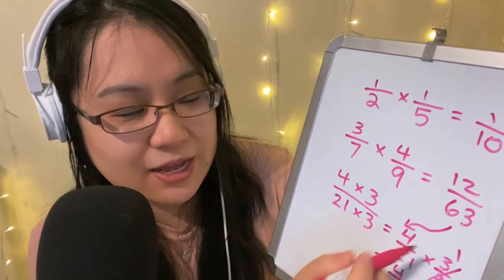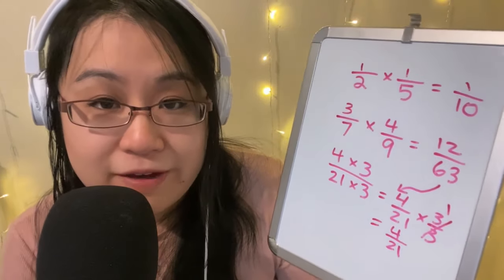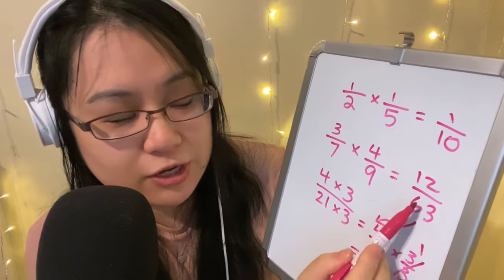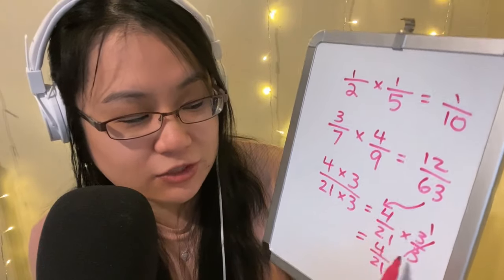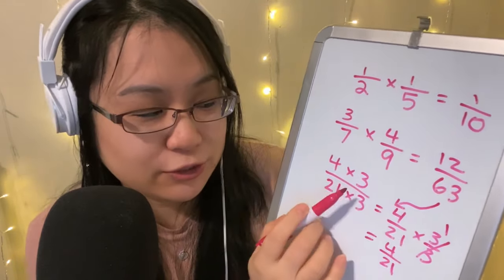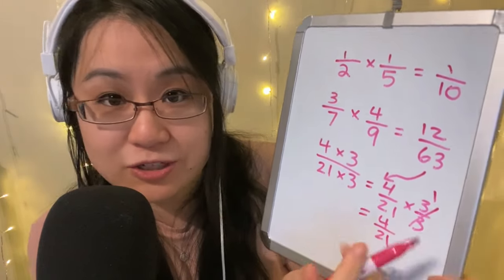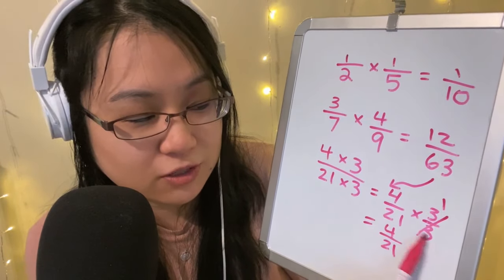So that means that this is equivalent to this. You may have learned the rule that if you can come up with numbers or factors that go into both the top and the bottom, you can just divide them and cancel them out. Really, where that comes from is this. It's to factor and then undo the multiplication, because we said multiplying fractions is just multiplying across the top and across the bottom.